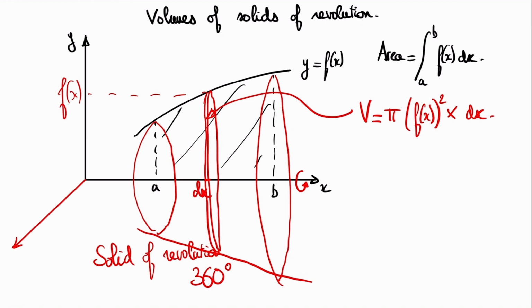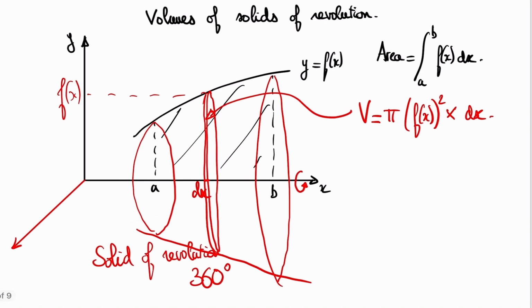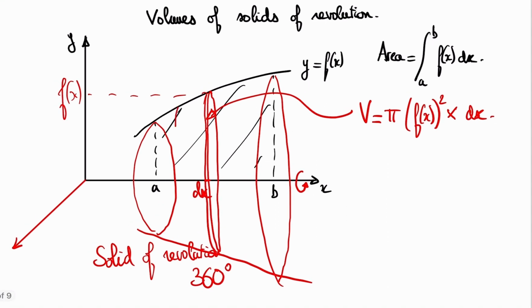If we were going to add all of these little coins, there is a little coin here, and then there is another one here. We need to add all of these little coins.